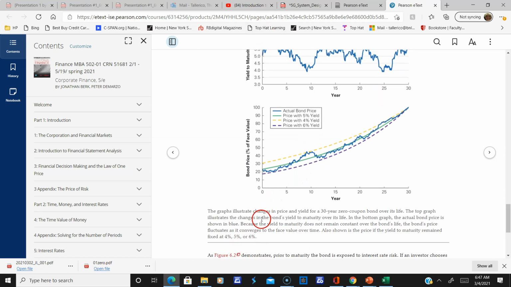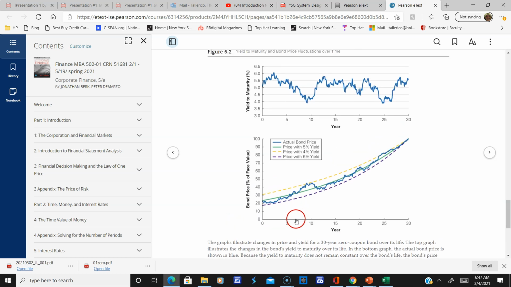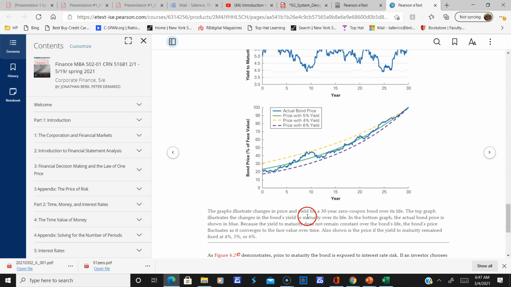Because the yield to maturity does not remain constant, here's the yield to maturity changing, and that's affecting the bond price here. Everyone see that? They're coupled. The actual bond price is shown in blue here. Because the yield to maturity does not remain constant over the bond's life, the bond's price fluctuates as it converges to the face value over time.